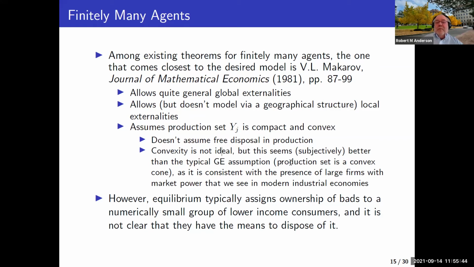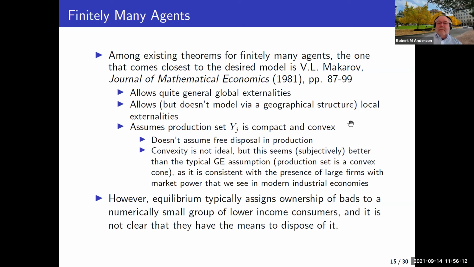Okay, but it seems better than what's typically assumed in GE, which is that the production set is a convex cone. There's something about the cone structure that is really inconsistent with the presence of large firms, and by allowing compact convex production sets, we get a model that's consistent with the existence of large firms.